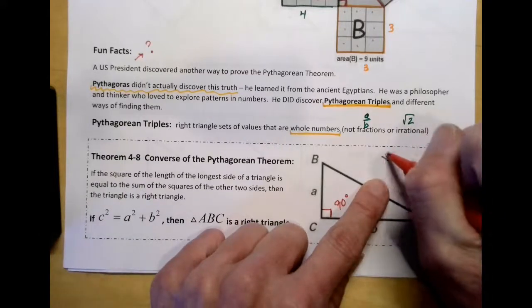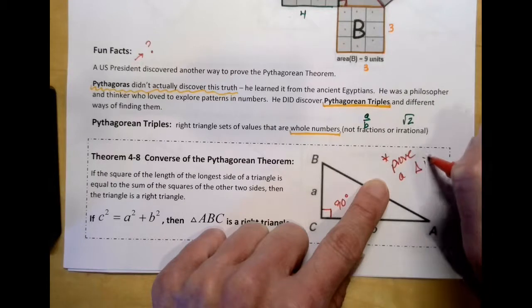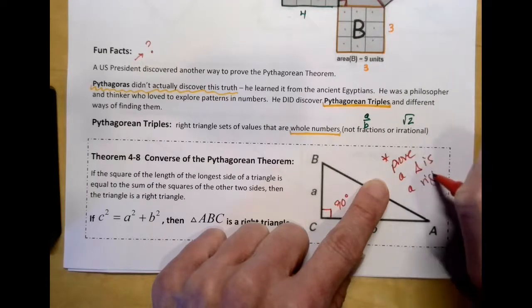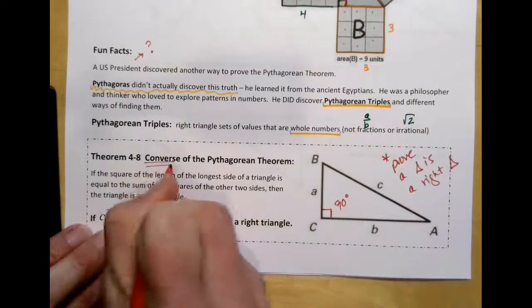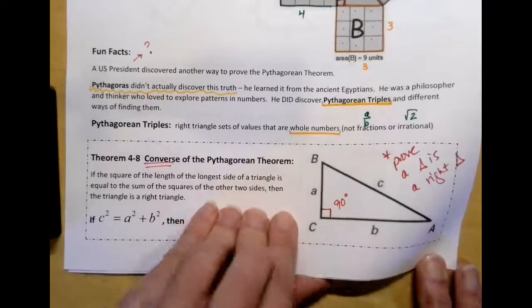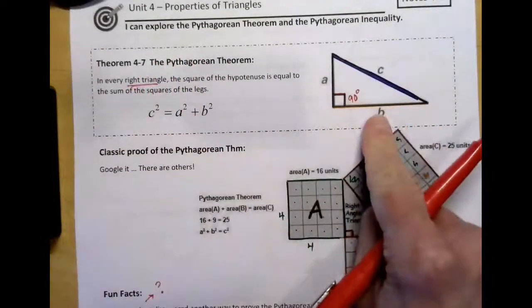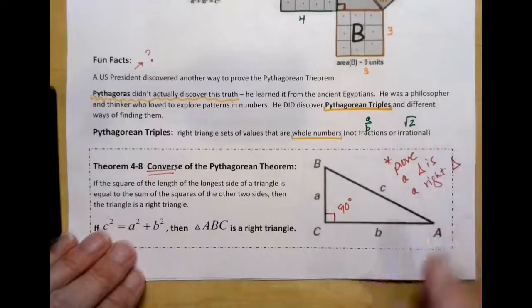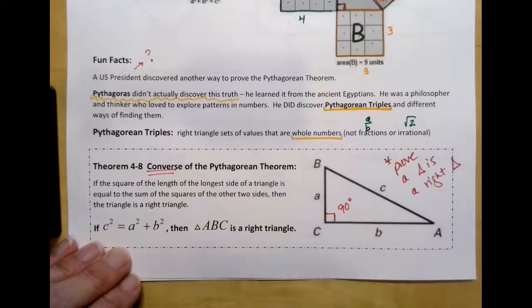So this is how we can prove a triangle is a right triangle. We're initially given that if it's a right triangle, then this relationship is true. The converse switches that around: if the relationship is true, then I have a right triangle.